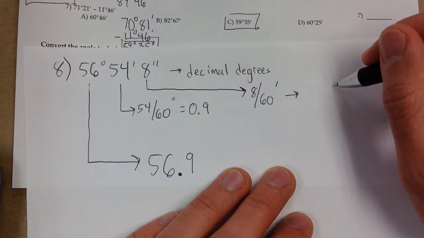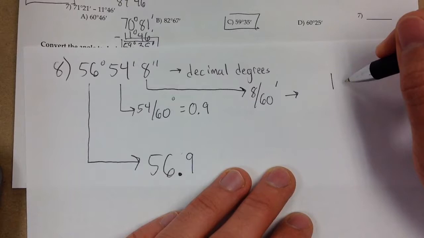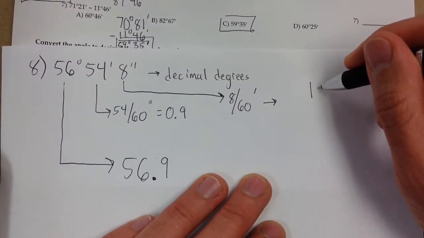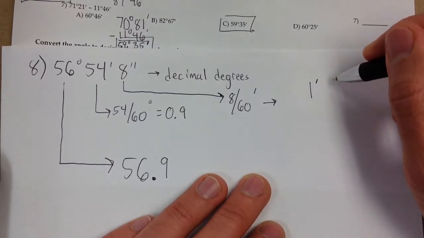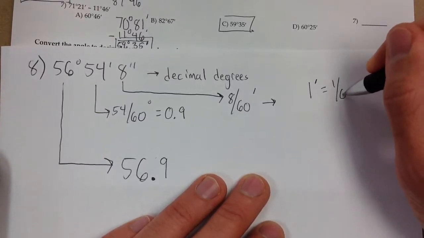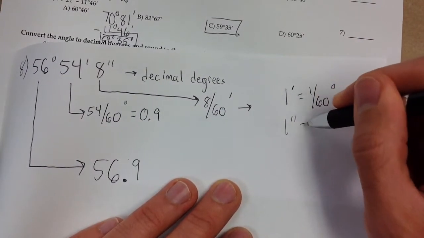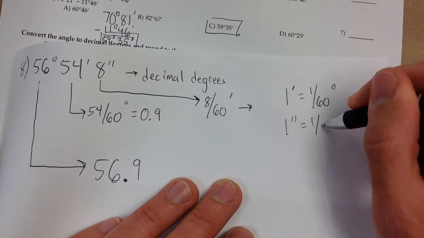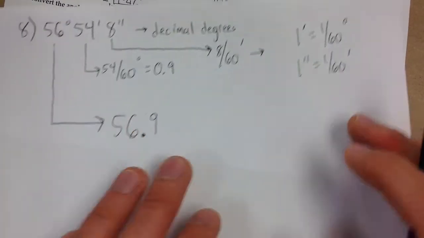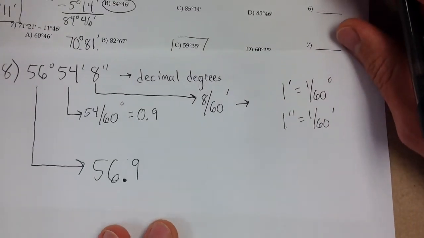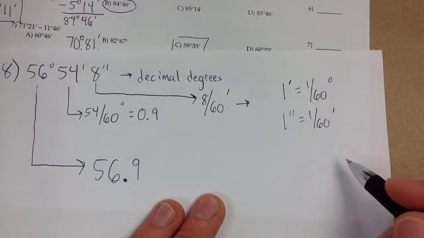There's 1 minute, or 1 minute equals 1/60th of a degree. And 1 second equals 1/60th of a minute. So what you can do is you can use that information to figure out what fraction of a degree 1 second is.